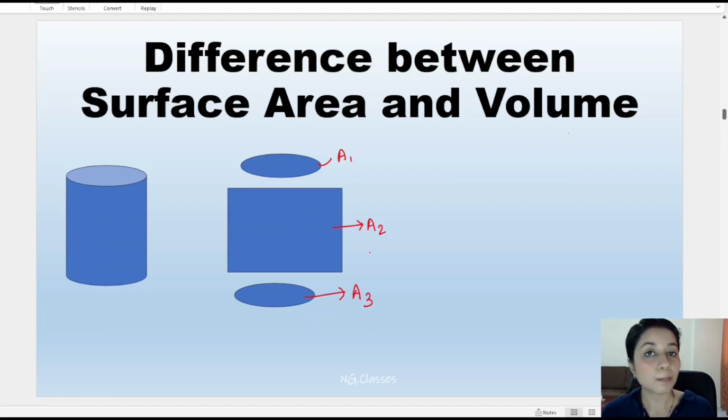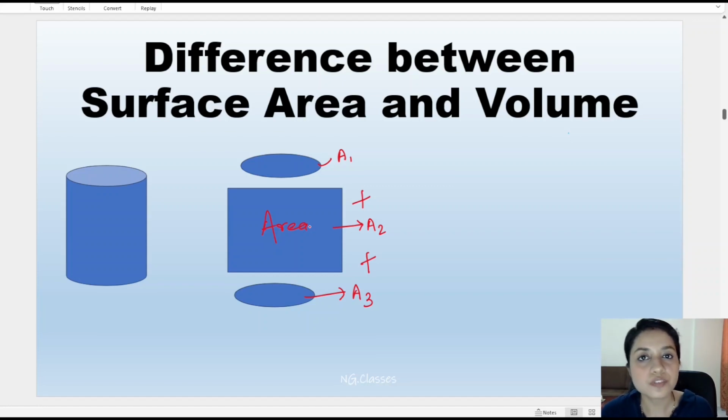And when we combine the area of each and every surface, then we will get the total surface area of this cylinder. Now, if we have to find only the curved surface area of the cylinder, then we just have to find the area of this rectangular sheet, because the curved part is made up of only the rectangular sheet, right?